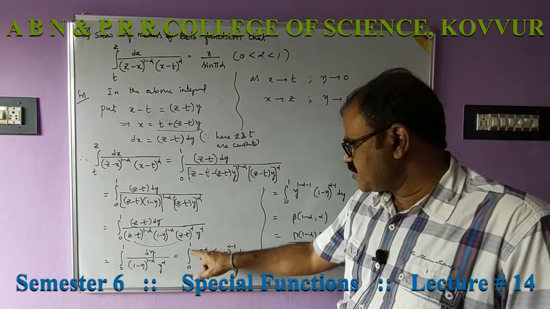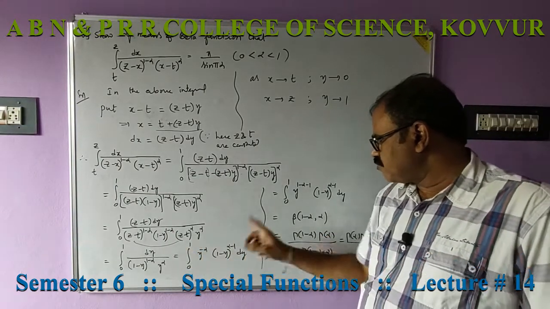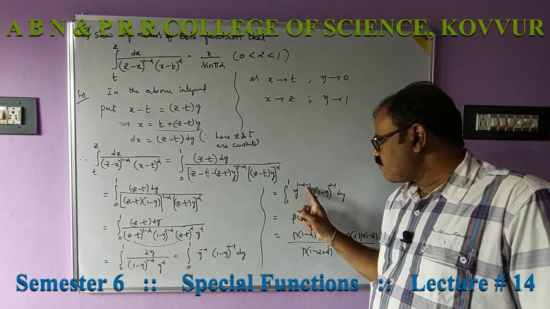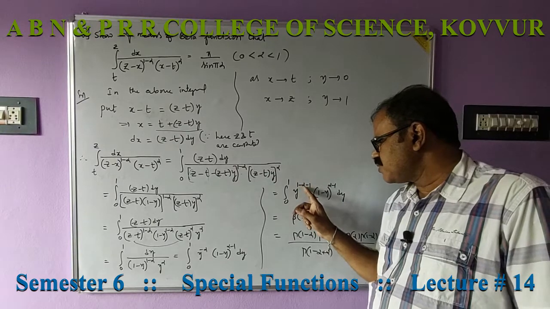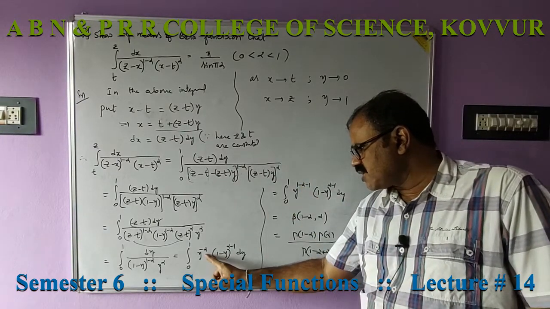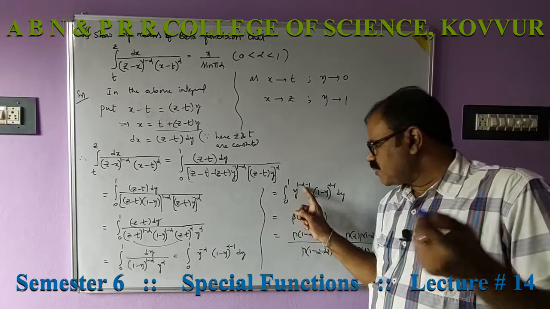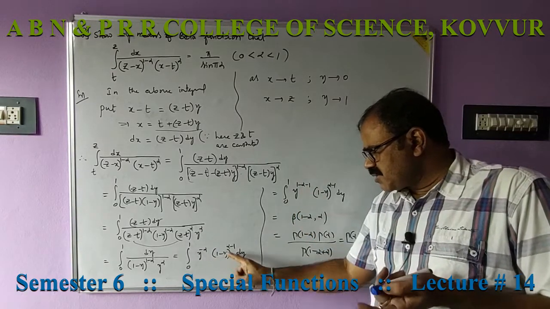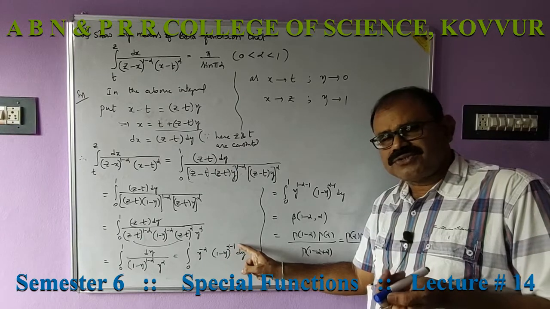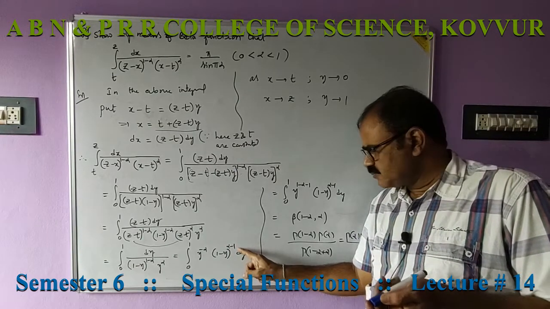So I rearrange this integral as 0 to 1, y power 1 minus alpha minus 1, where 1 minus alpha minus 1 is nothing but minus alpha, as 1 gets cancelled. So y power minus alpha can be written as y power 1 minus alpha minus 1. This is (1 minus y) to the power of alpha minus 1 dy.